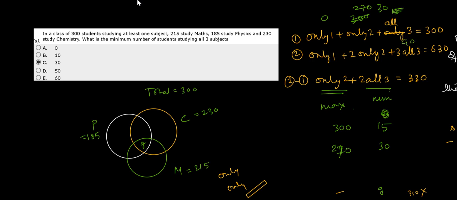So this becomes 90, this becomes 540, and this becomes 0. Clear? So this is how you can find out the minimum value of all three.